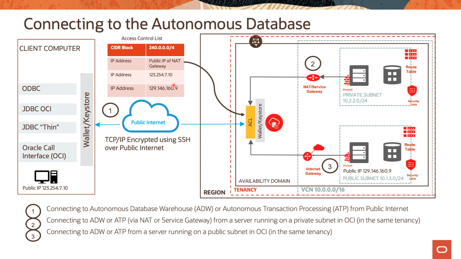And if it matches one of these entries, the connection goes through. And also the customers or the users need to have the wallet and they need to have the user ID and password to access the autonomous database. So security is pretty slick here when it comes to accessing autonomous database.